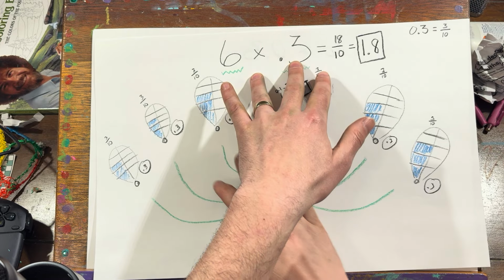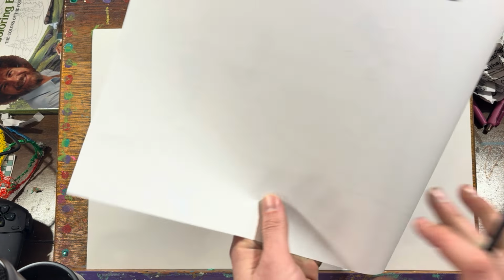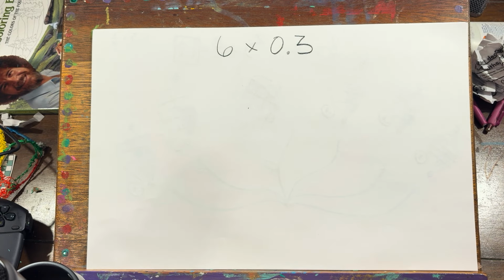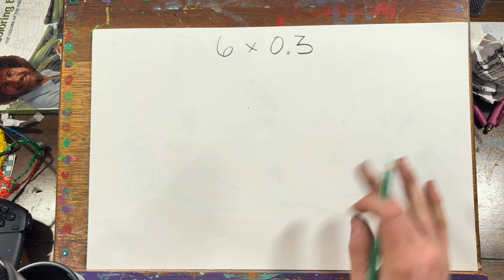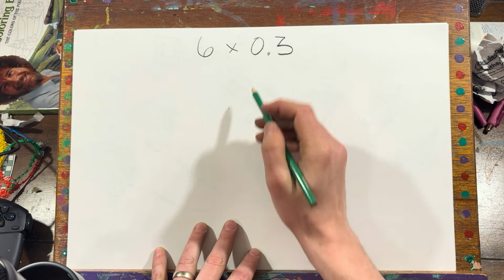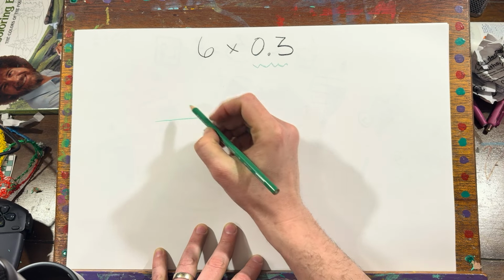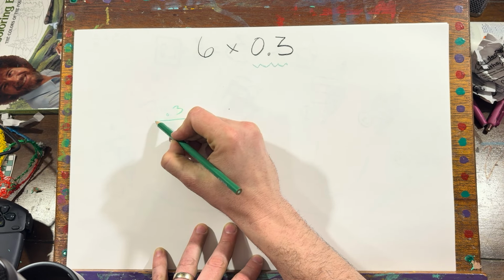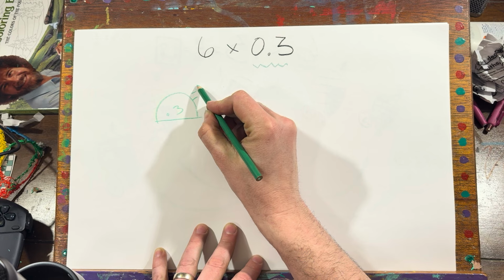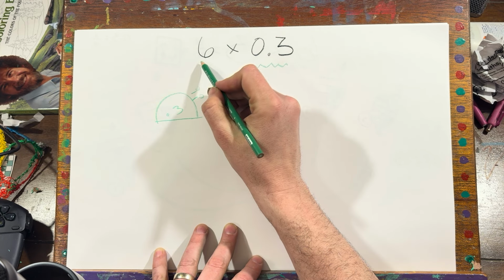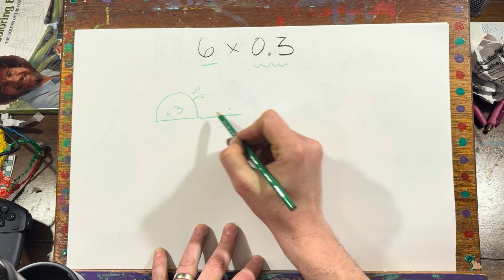There's 6 times 3/10. So if I were to do this with caterpillars, I would start by drawing a caterpillar that is 3/10 of a unit long. I'll just label that as 3/10, and then I would draw 6 of them. So here's 3/10.